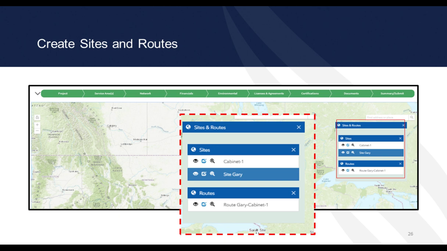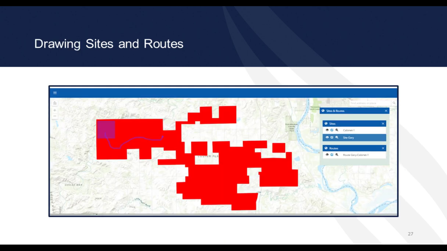If you select route, the please specify the width of this route field will appear with a default value of 75 feet. You can edit this field for a value anywhere between 25 and 500 feet. Click Save to save the site or route and proceed to drawing its location on the map. Alternatively, applicants can create all sites and routes before drawing them on the construction map.